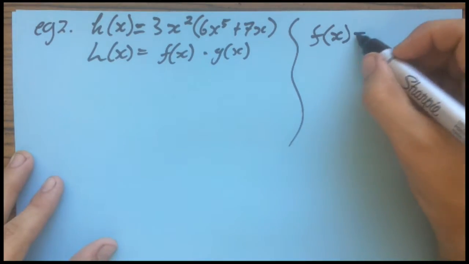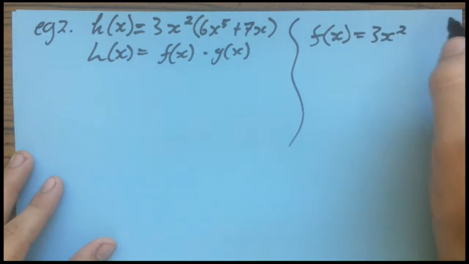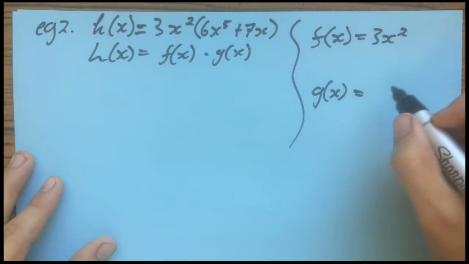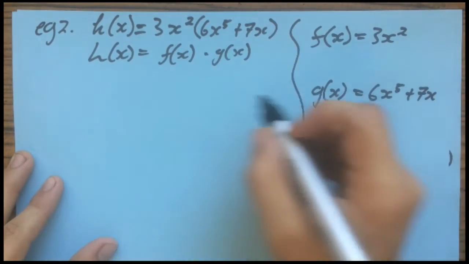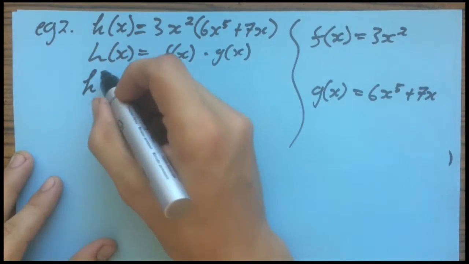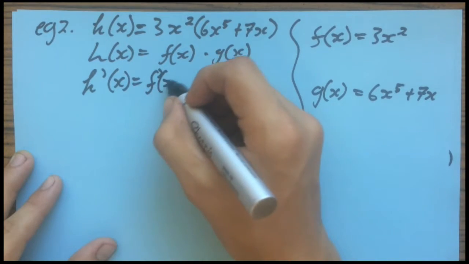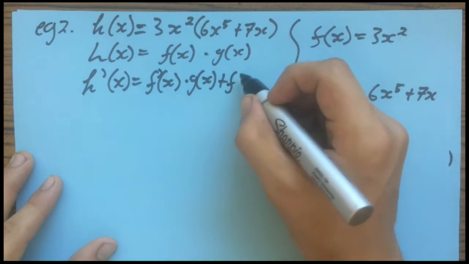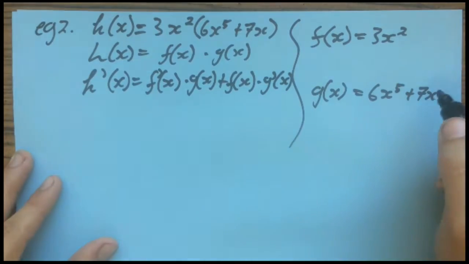So f of x can be 3x to the power of 2, and g of x can be 6x to the power of 5 plus 7x. Now, the derivative is f dash of x multiplied by g of x plus f of x multiplied by g dash of x.